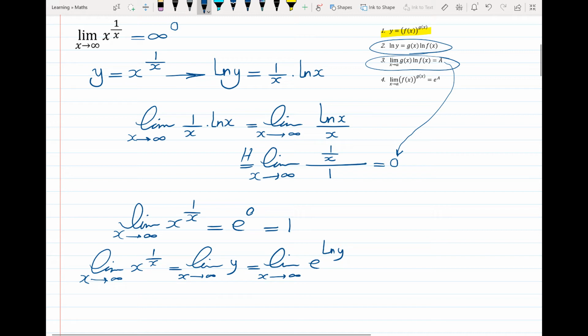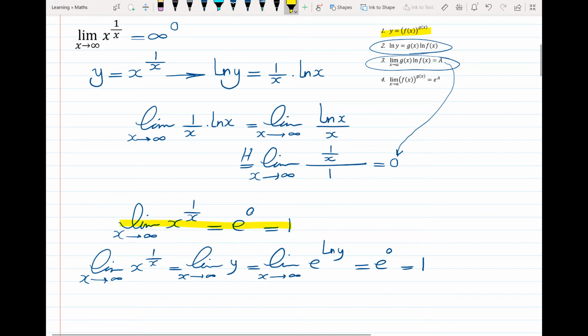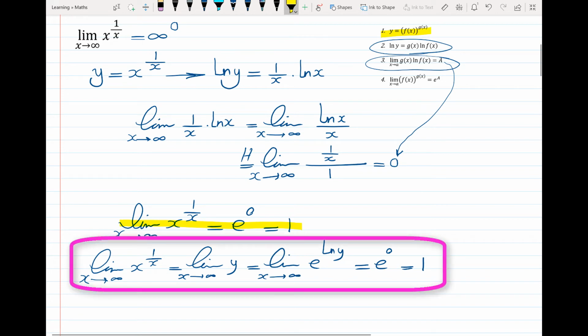We know that e to the ln of y is y. And here we proved that limit of ln of y when x approaches infinity is 0. So this equals e to the 0, and this becomes 1. Now it depends on you whether you prefer to use this shorter method for writing your final answer, or you prefer to write all the steps and do it in a more mathematical way.